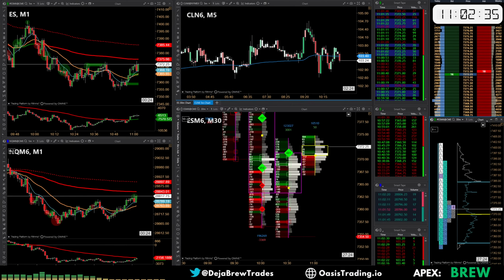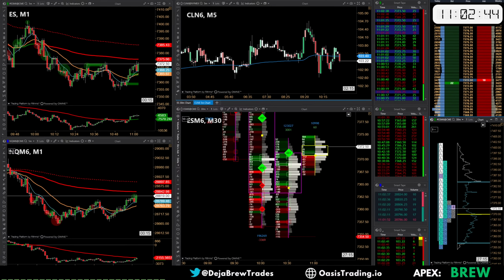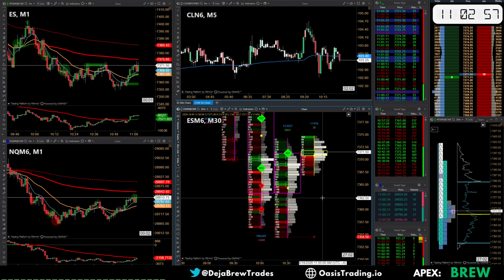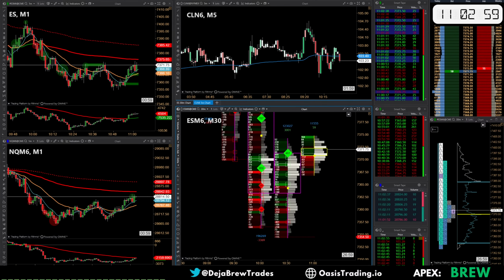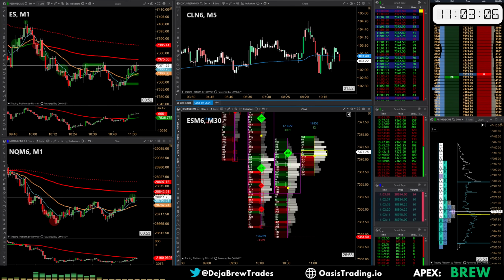Keep an eye on VWAP here, possibly a bear flag into VWAP. See if those sellers come back in. Trump is making some statements right now, which is why we're moving around a little bit.